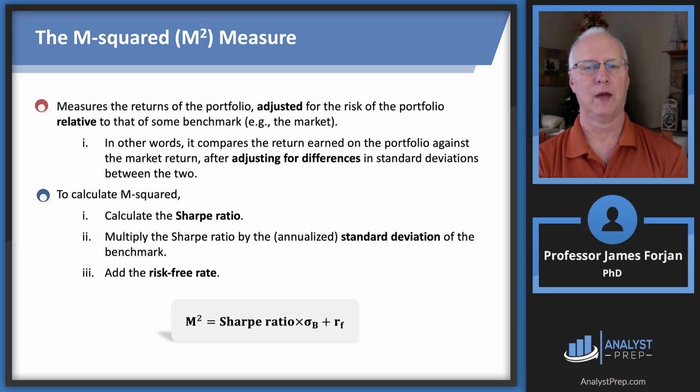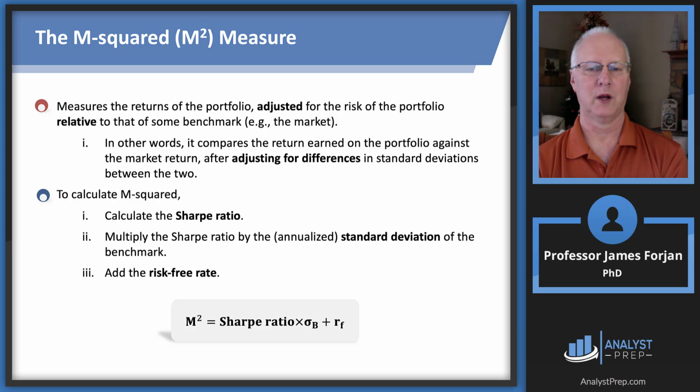Now here's one that hasn't come across any of our chapters here. This M squared, named for Franco Modigliani, who was a Nobel Prize winner, and his granddaughter, so M times M is M squared. And so look at the equation down there at the bottom.